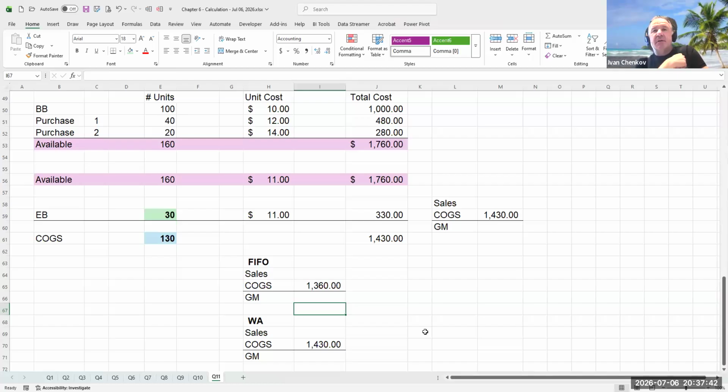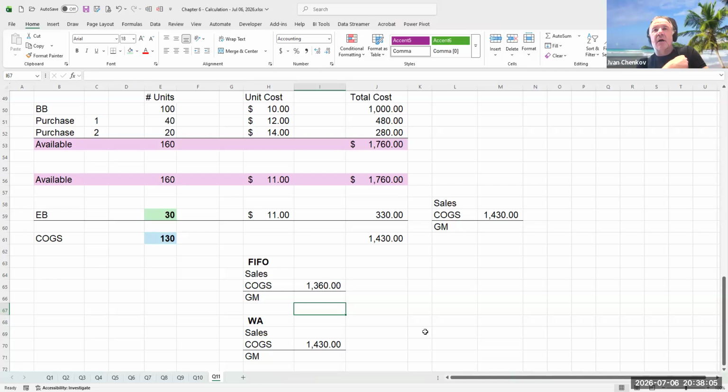Why is the first in, first out higher? Because the cheapest goes out first. Thank you, Yuri. Even I cannot say it better. So in our inventory, what stays in our inventory?